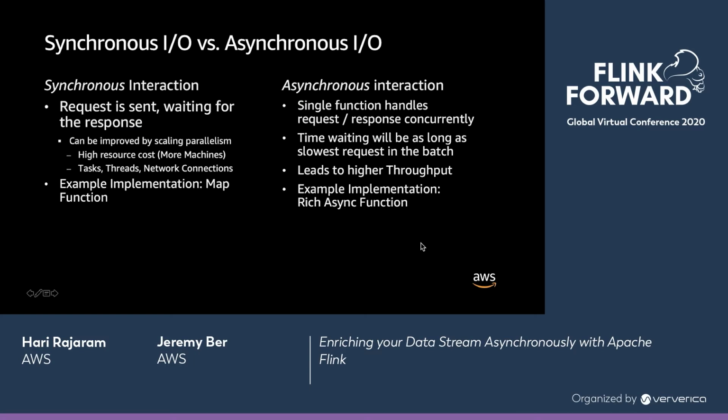We can try to improve this performance by scaling the parallelism of that specific operator. But of course, that comes with high resource costs because you'd have to add more nodes to your Flink or your streaming framework.